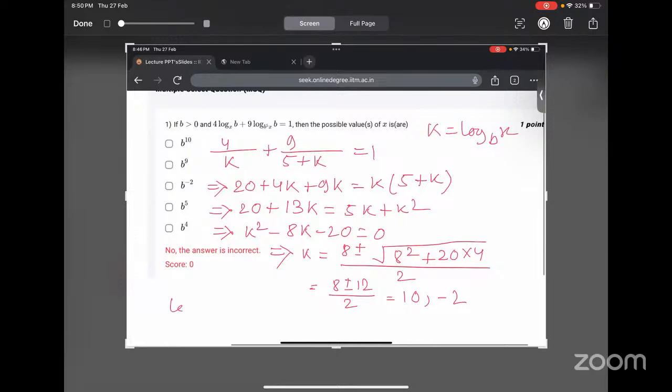That means we have log_b x equals to 10 or log_b x equals to minus 2, right? From here, we can calculate the value of x. So what will be the value of x?